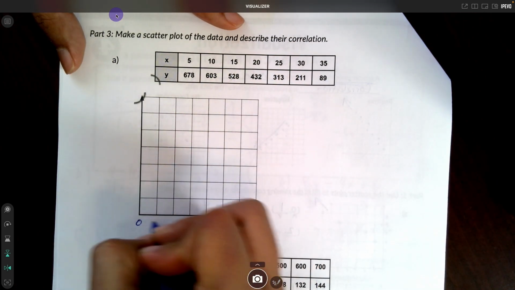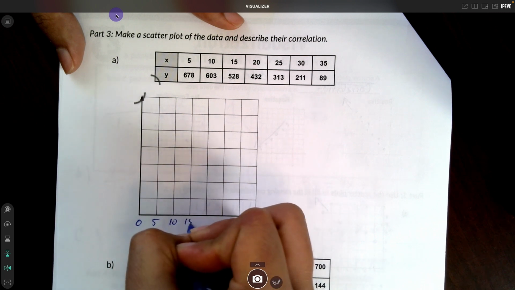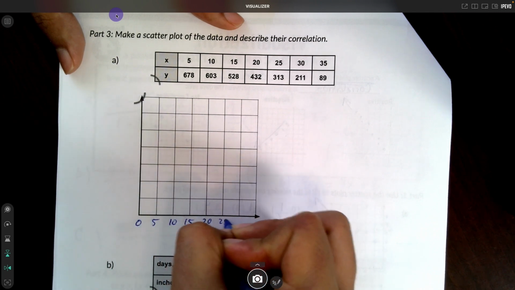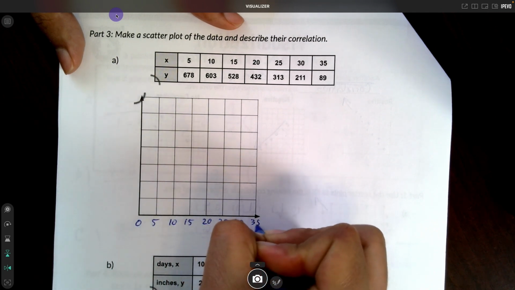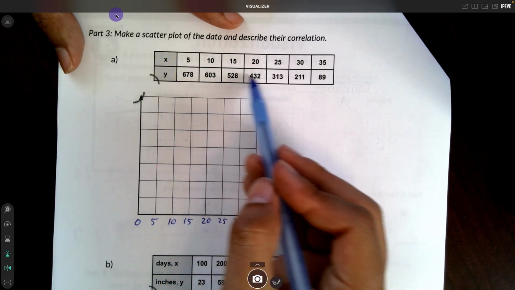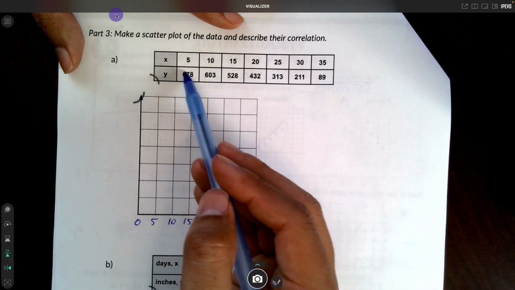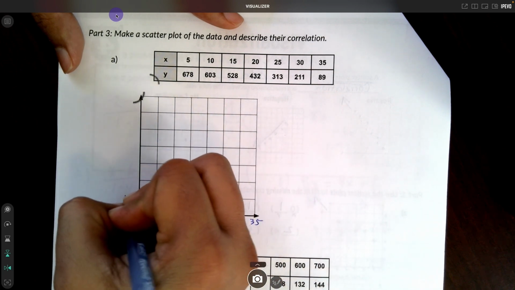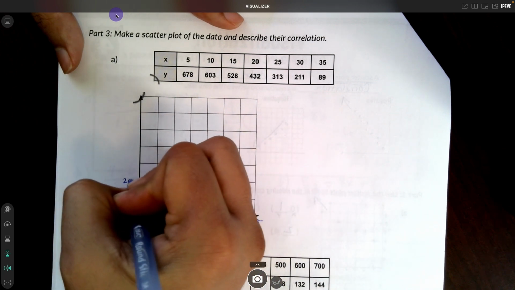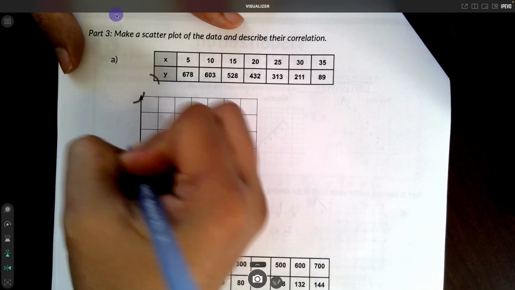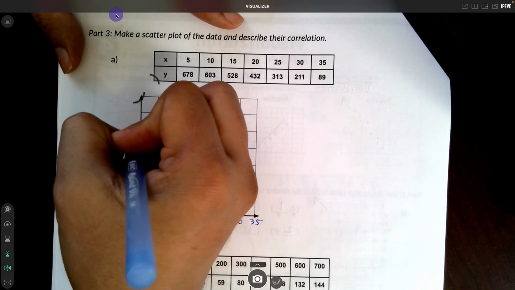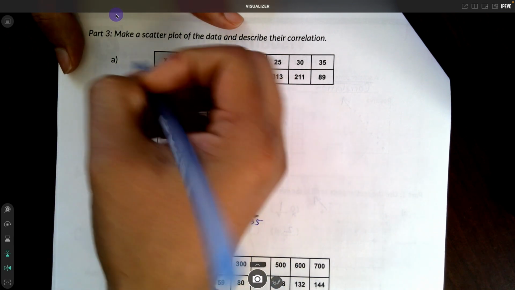So we can say this is 0, 5, 10, 15, 20, 25, 30, and 35. And then these go up, they're between 89, so like 100 and 700. Maybe we can just say 100, 200, 300, 400, 500, 600, and 700.